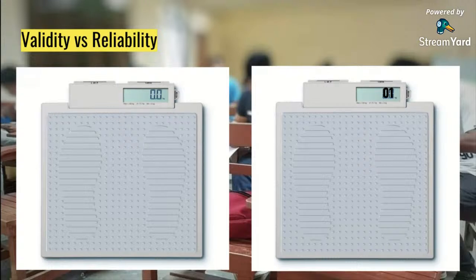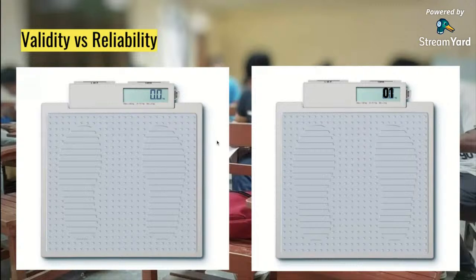Let's say I take my weight today using this weighing scale, which is set to 0.0, and it reads 90 kilograms, but I'm not 90 kilograms.